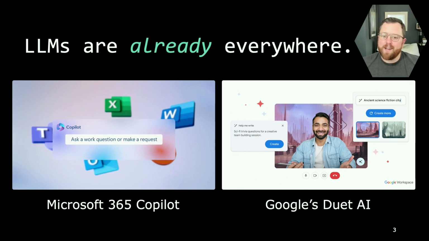And if you're like me, that covers a lot of what you're using day to day. Google's Duet AI is doing the same thing for Google Workspace. And even autocomplete features in our text messages and emails are bringing these models to our fingertips by default, whether we want them there or not.